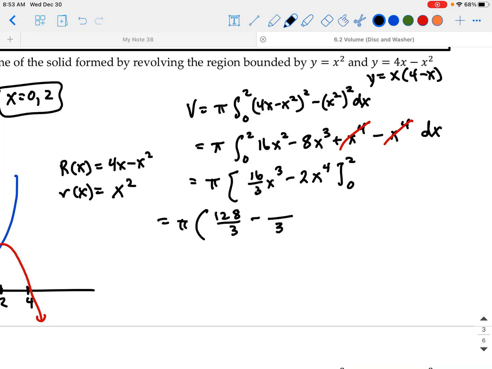And 32 is 96 over 3. So what we're going to end up with is 32 over 3, times pi. So 10 and 2/3, 32 over 3 times pi.